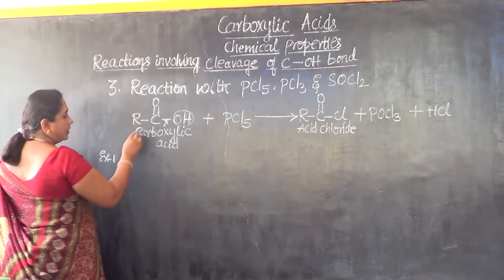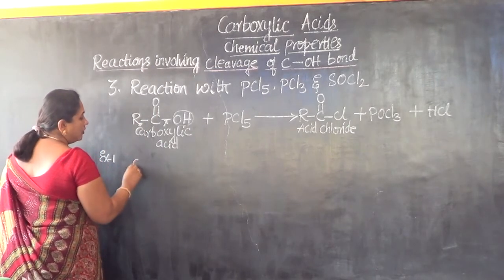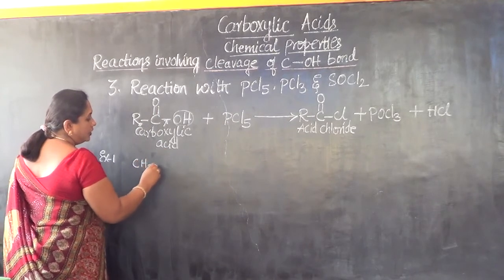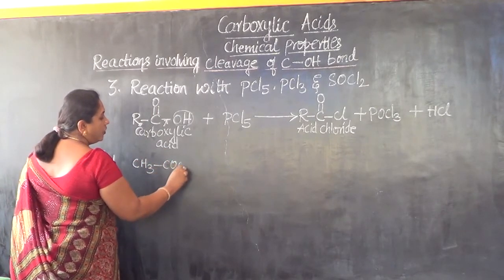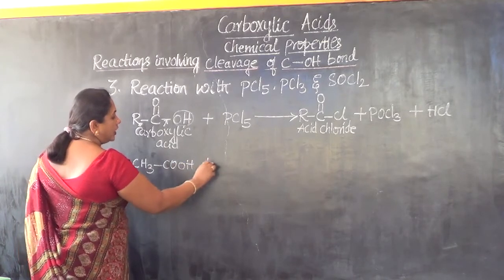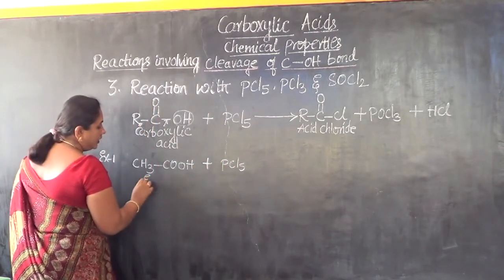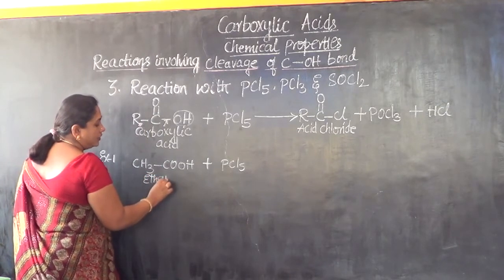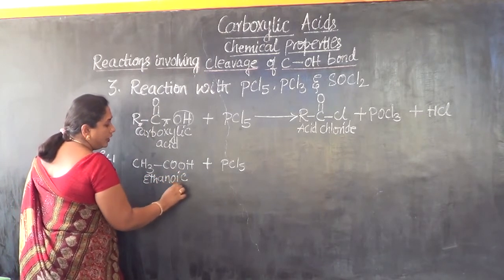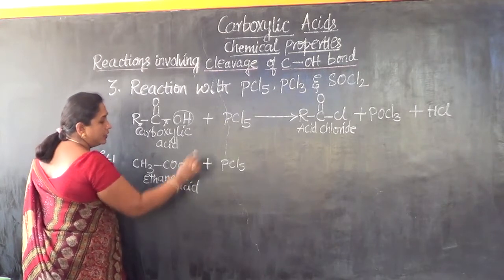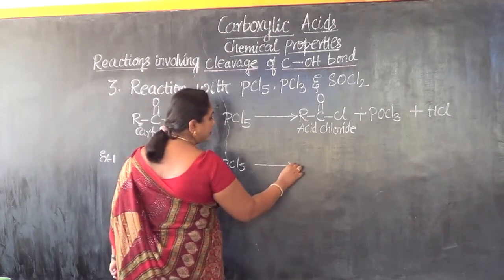The first example. Let me replace this R with CH3. CH3COOH reacts with PCl5. So what is our starting material? Ethanoic acid. Ethanoic acid combines with PCl5.